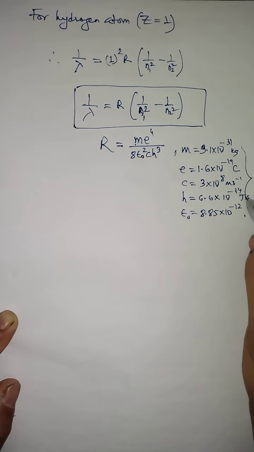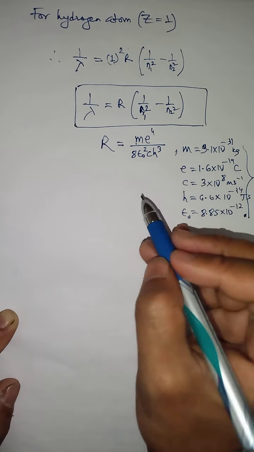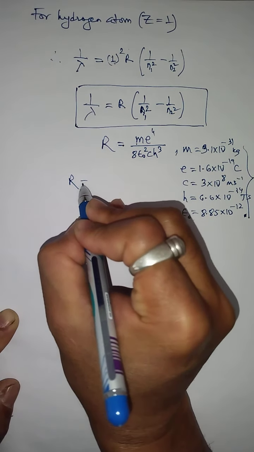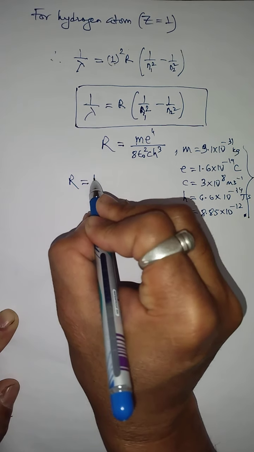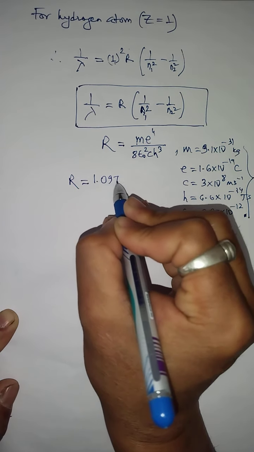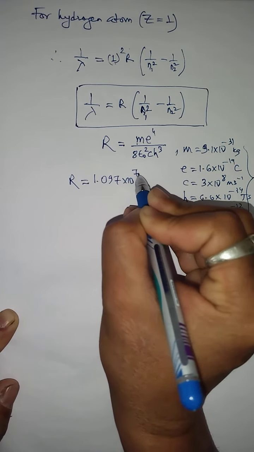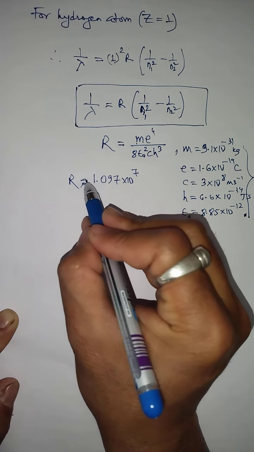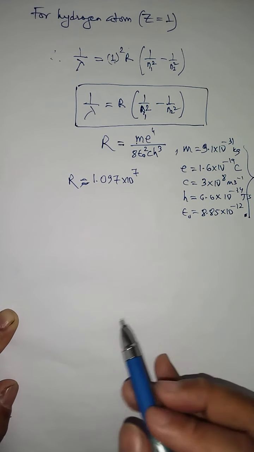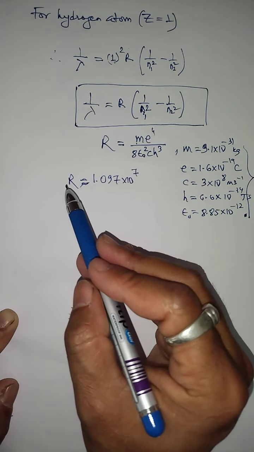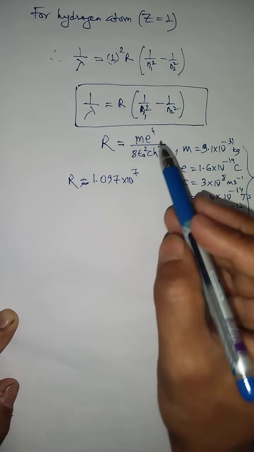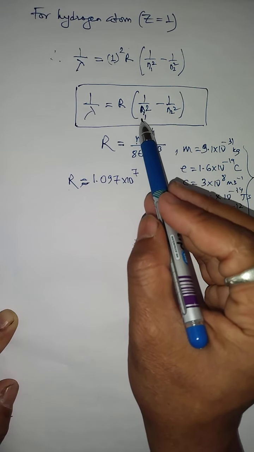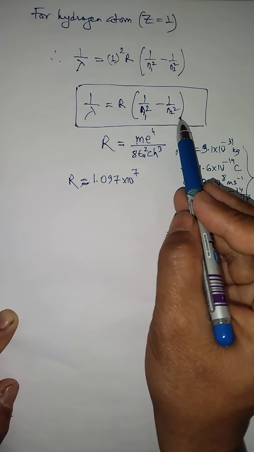So if I substitute these values in the relation and do the calculation, children, remember that you will get the value approximately 1.097 into 10 to the power 7. But the unit that we need to express, because the unit of R can be found from this relation. See, on the right hand side these are simply numbers.